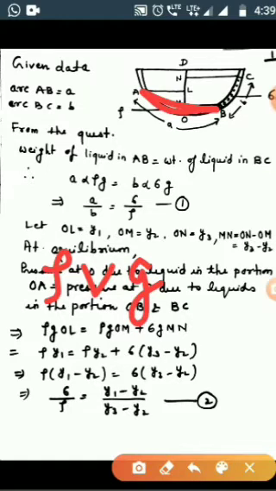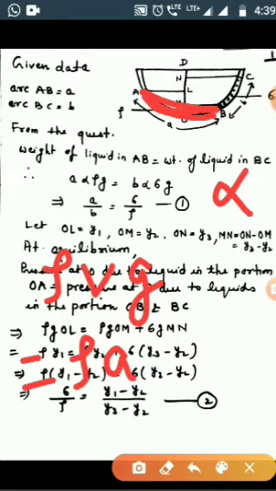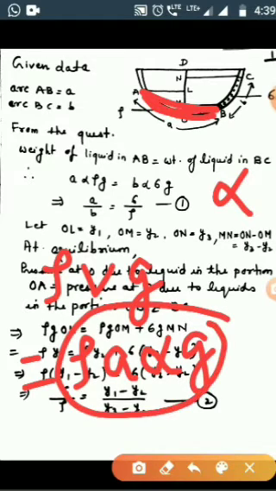Now, for volume, we must have a cross-sectional area. So we have assumed that the tube has a cross-sectional area alpha. For the portion AB, the volume of the liquid is equal to the arc length a times the cross-sectional area alpha, multiplied by rho g. This represents the weight of the liquid in AB.